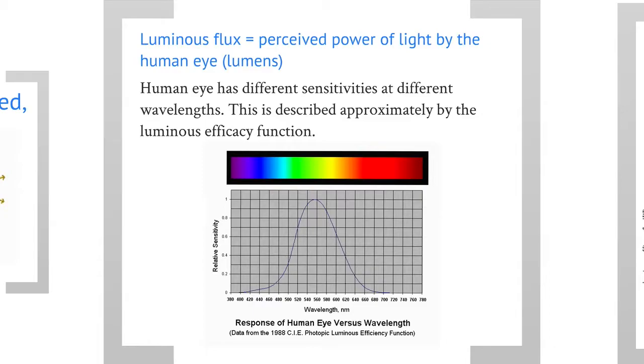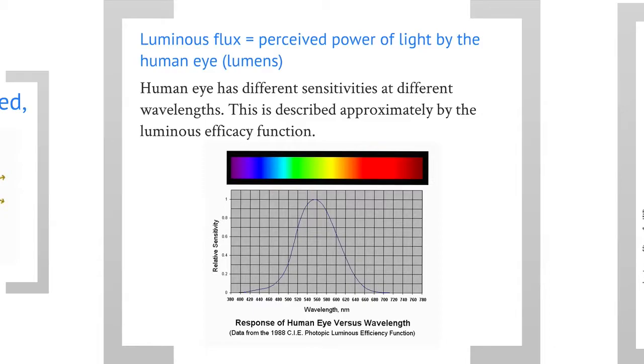So you can clearly see it peaks around 560, something like that, which is in the green, which is primarily because that's where the most photons coming from the sun are during the day. So we evolved to essentially see very well here. And you can see at the tails, we have a pretty long broad spectrum, it goes from the blue all the way to the red.